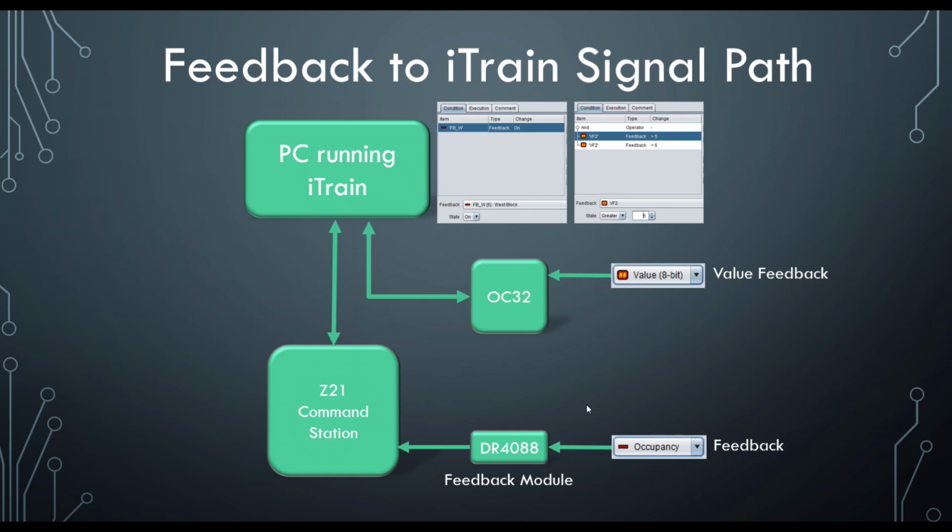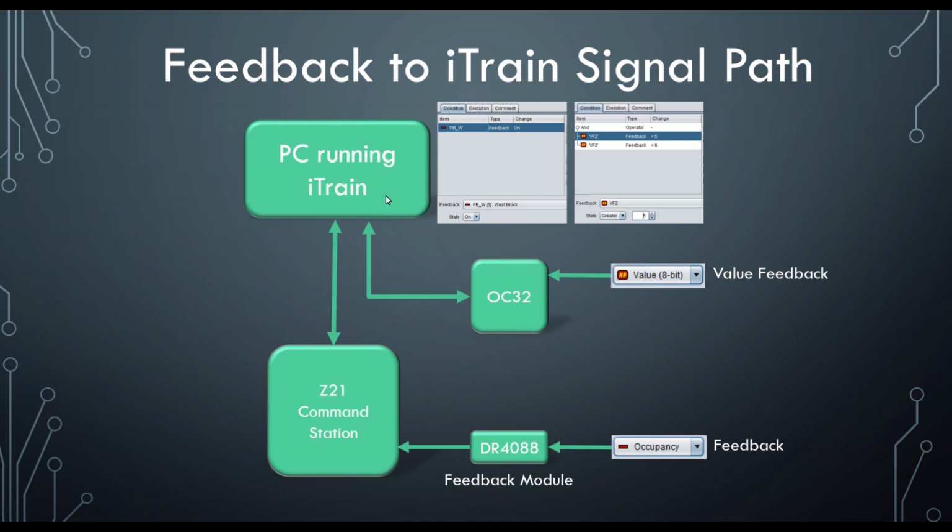Now note that for any feedback type, the flow of information is always in this direction into iTrain. The value originates at the sensor or device and is then transferred into iTrain.